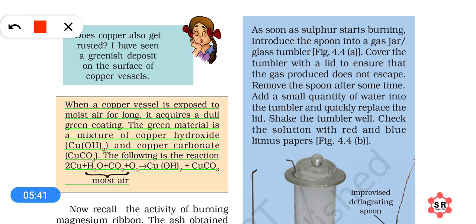That means copper also develops a light green or dull green covering around it. Is this also a rusting process, or a corrosion process? Yes, we can say that it is also rusting or corrosion. We call this process corrosion.